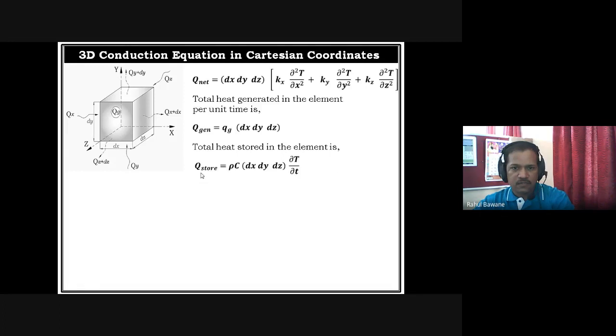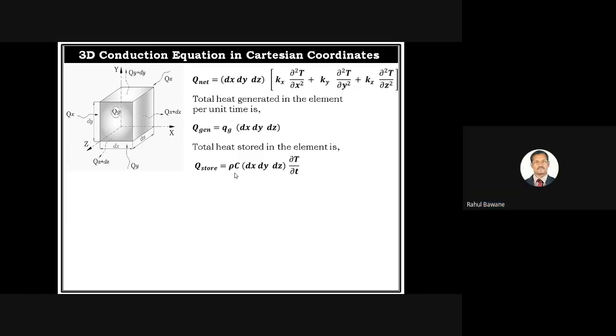So Q store is equal to Cp. Now this rho C is heat capacity. In a previous lecture we saw what is specific heat and heat capacity. So specific heat shows per unit mass, and heat capacity, that is rho C, shows the heat storing capability per unit volume.